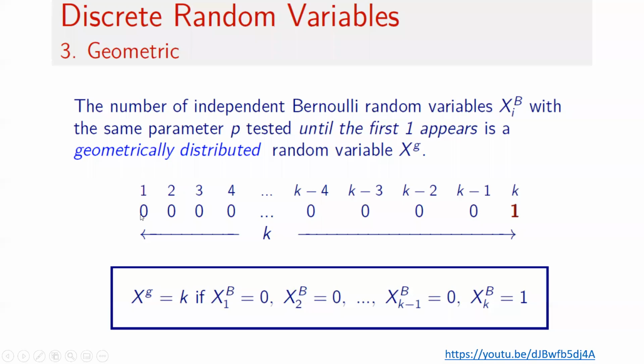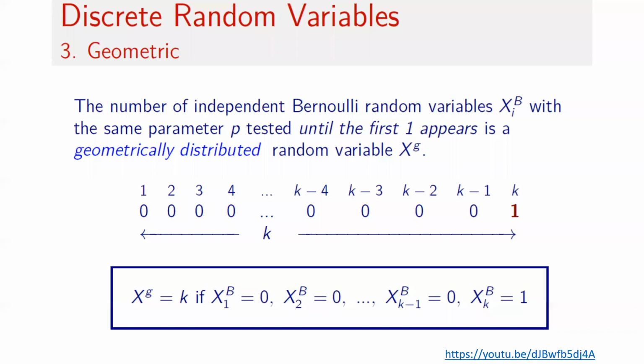Here we obtain 0, 0, 0, so we obtain tails until finally here we get a heads. So we are measuring the geometric distribution with that. The value of this random variable is k.